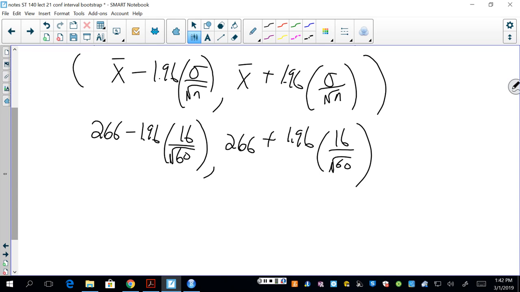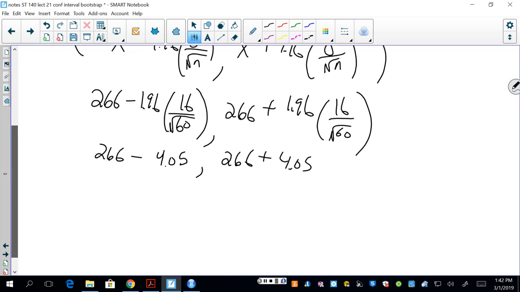Multiplying those together, this thing is about 4.05, up to 266 plus 4.05. So we're going to get an interval that goes from 261.95 up to 270.05, and that's in days.